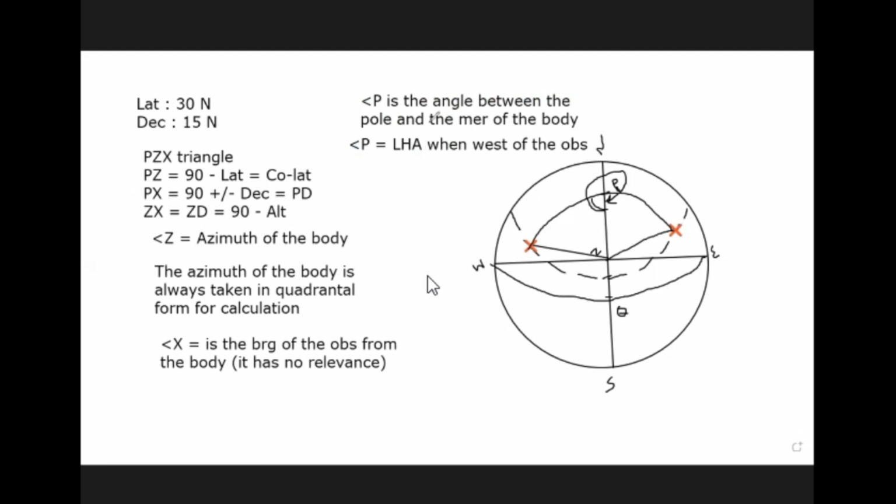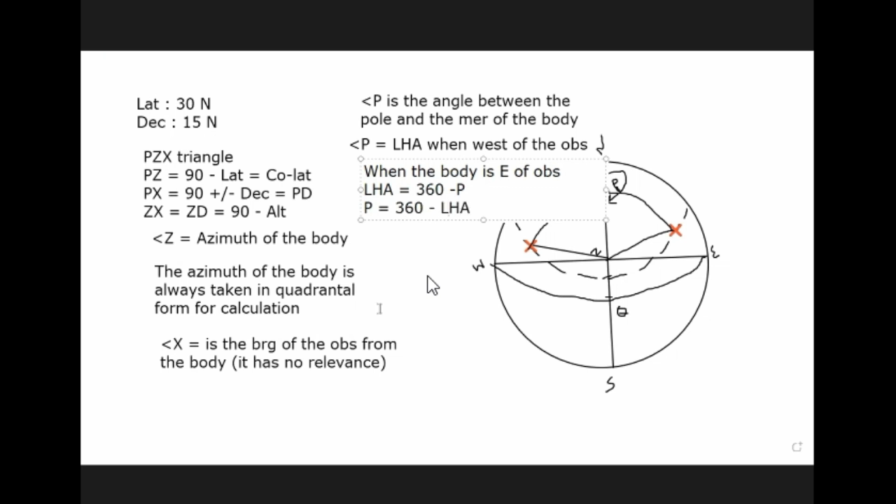In this case, we can say that when the body is east of observer, then LHA is equal to 360 minus P, or you can say P is equal to 360 minus LHA.